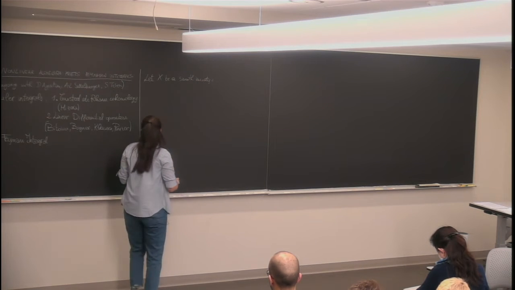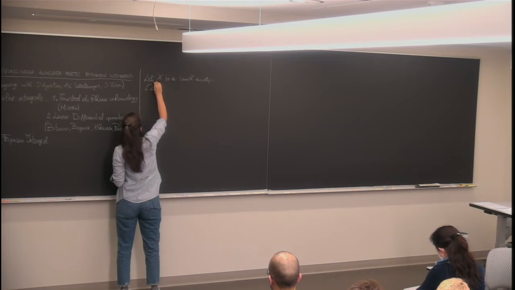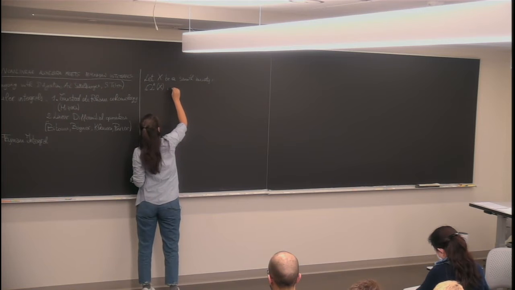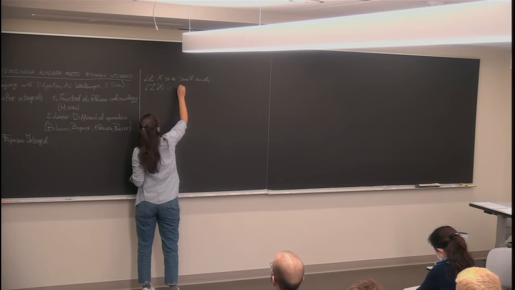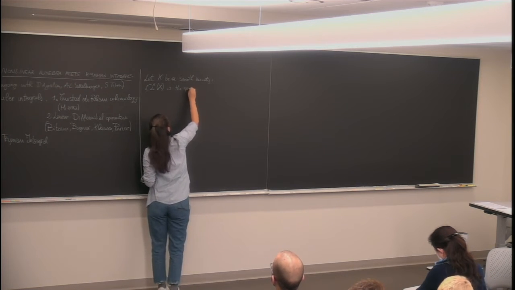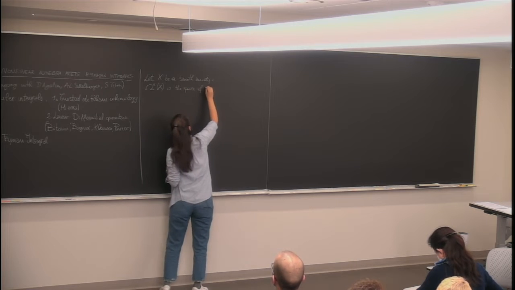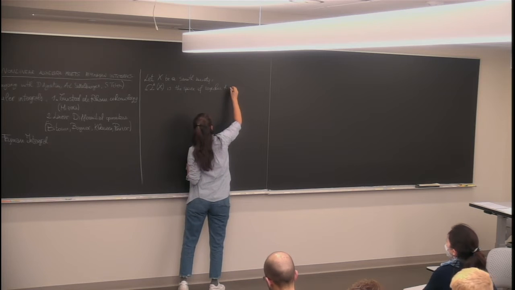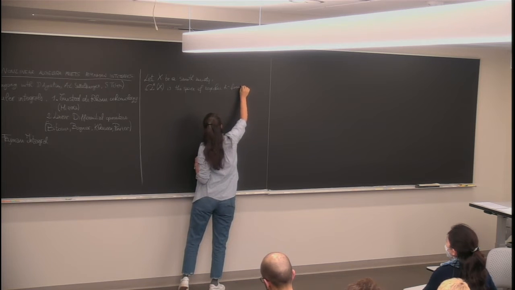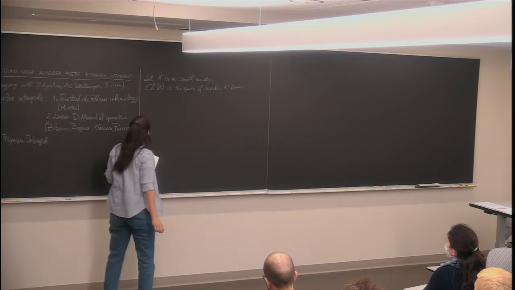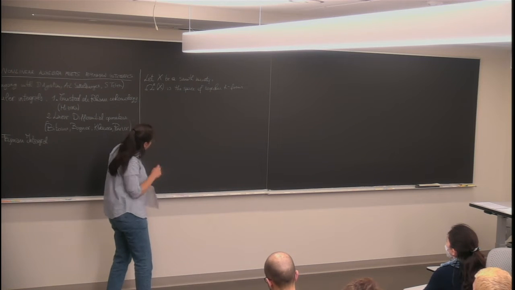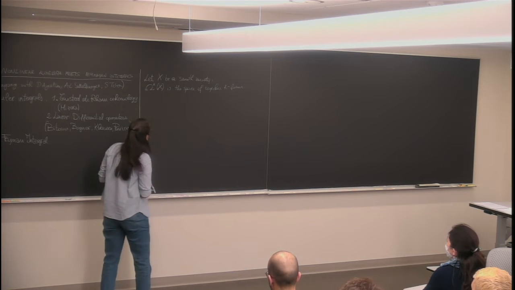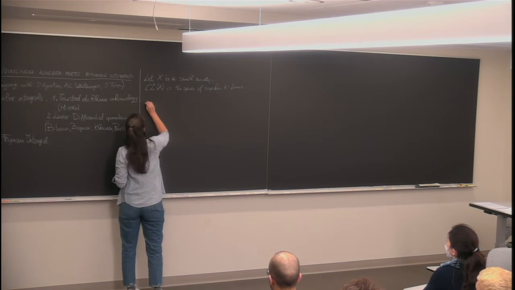And some other notation we need is the space of regular k-forms over X. And so the exterior derivative gives us a way to define a complex, which is the de Rham complex.